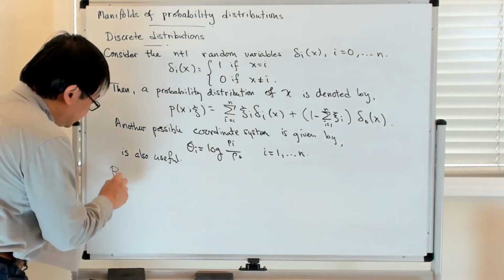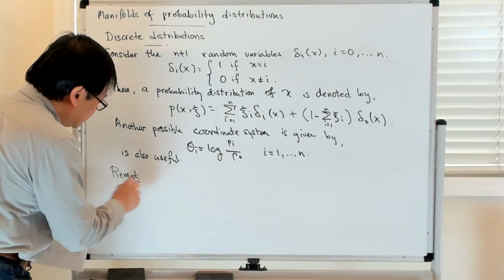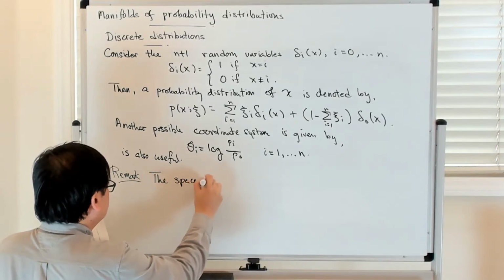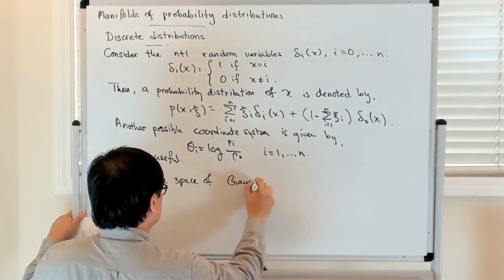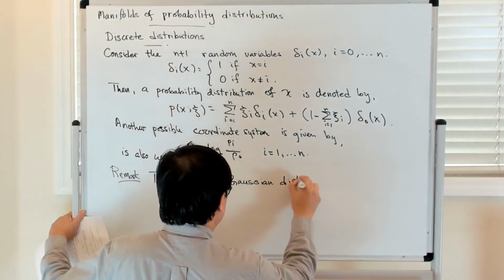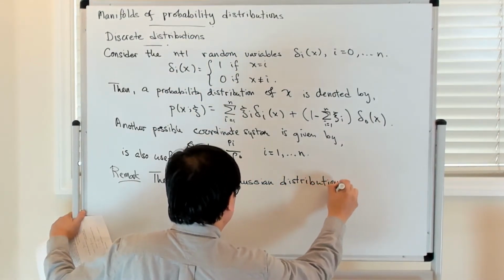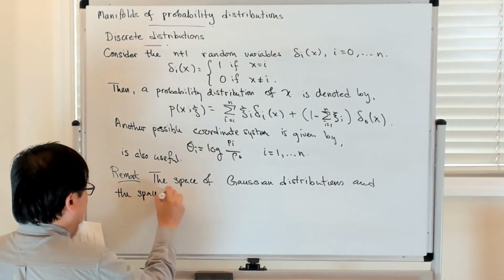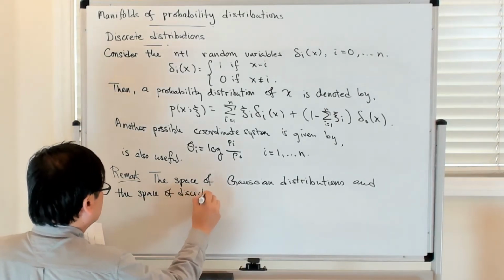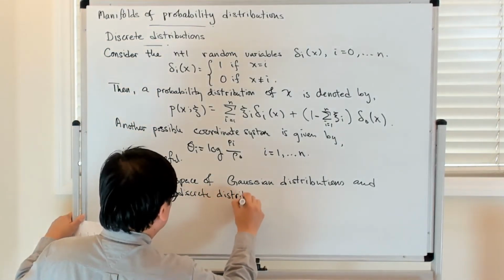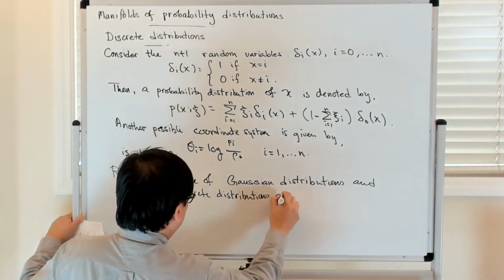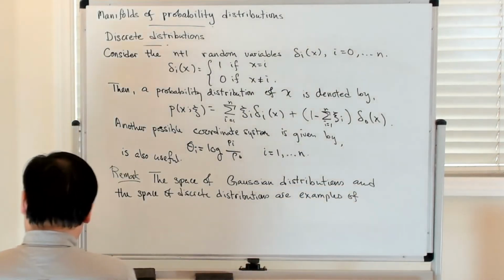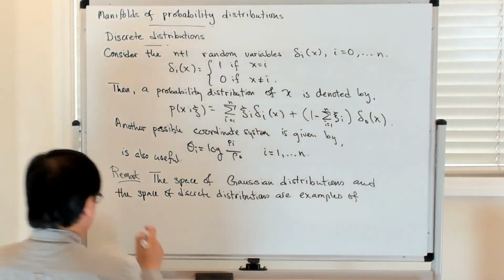Okay, so the remark is that the space of Gaussian distributions and the space of discrete distributions are examples of regular statistical models.